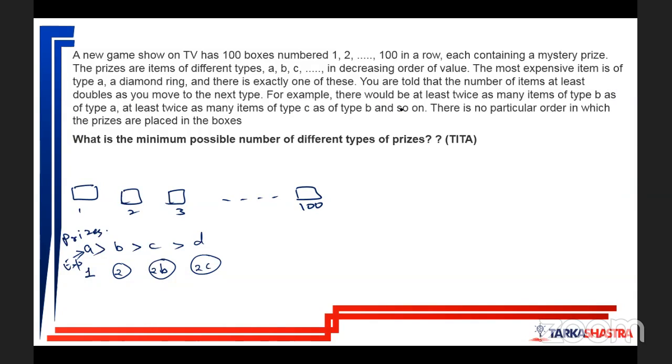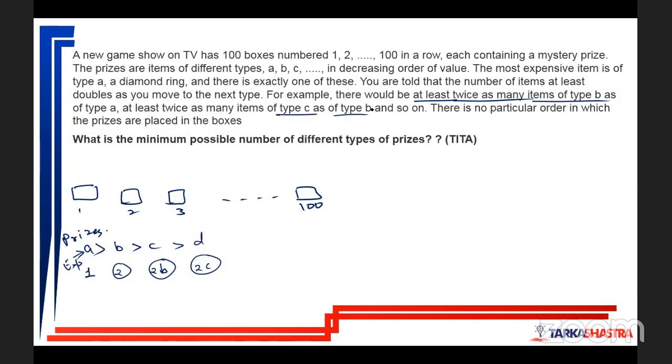For example, there would be at least twice as many items of type B as type A, and at least twice as many items of type C as of type B, and so on.